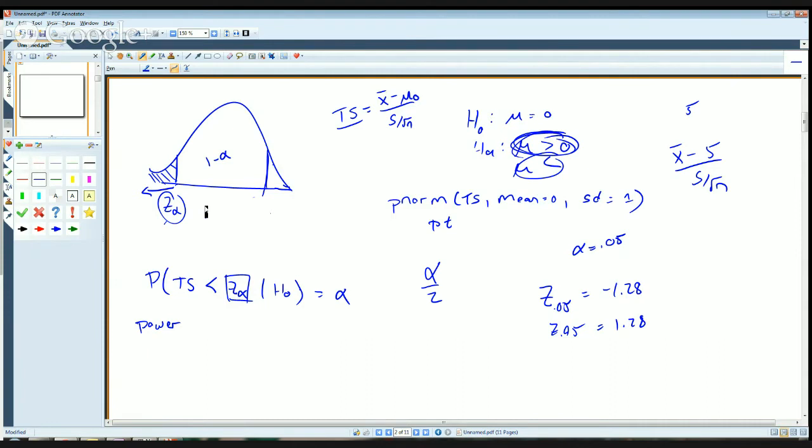That's the only rule. So if you're testing less than, use Z alpha. If you're testing greater than, use Z1 minus alpha. And if you're testing not equal to, use Z1 minus alpha over 2, which is the positive one, and compare your test statistic, whether positive or negative, with its sign thrown out, to that.